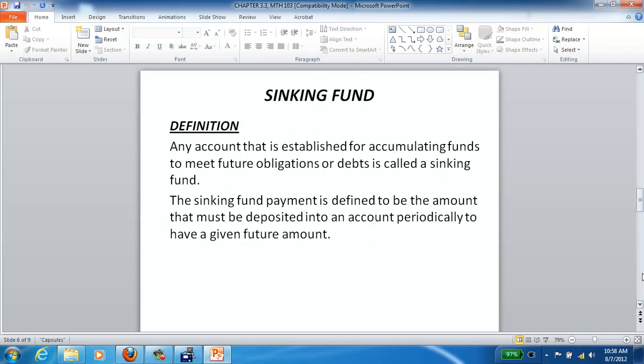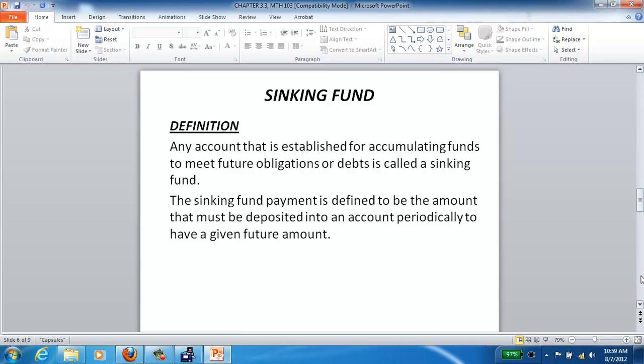Now, any account that is established for accumulating funds to meet future obligations is known as a sinking fund. The sinking fund payment is defined to be the amount that has to be deposited into an account in order to have a given future value. Before, we knew the payment and tried to calculate the future value.